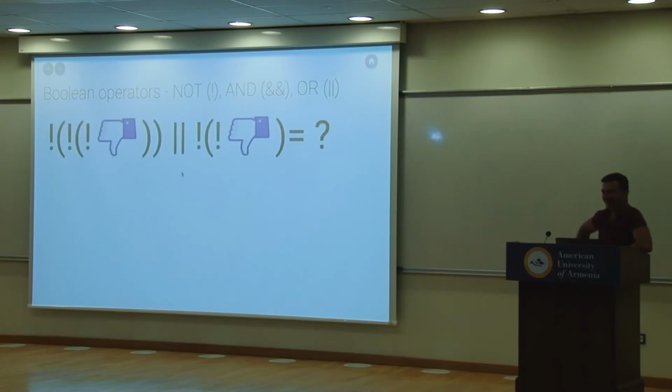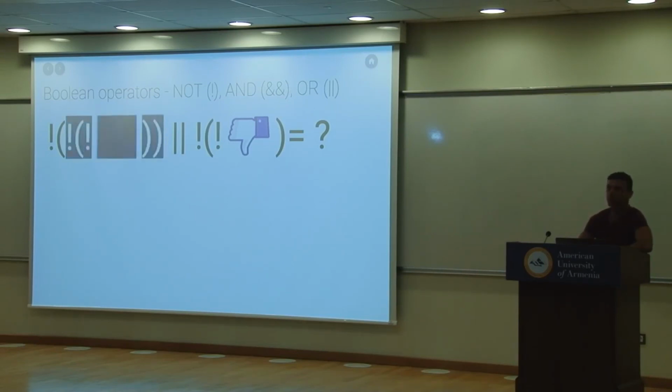Okay, I got a few trues, a few falses. All right. Let's break this down. What is the result of that? True, right? Because this becomes that. So then true, we flip again and we get false.